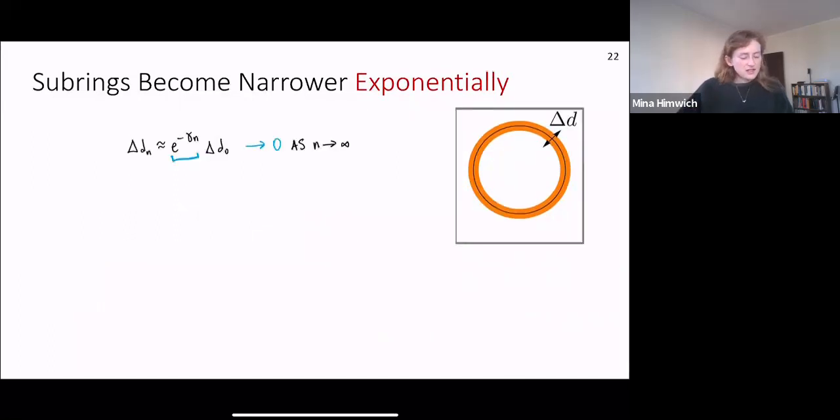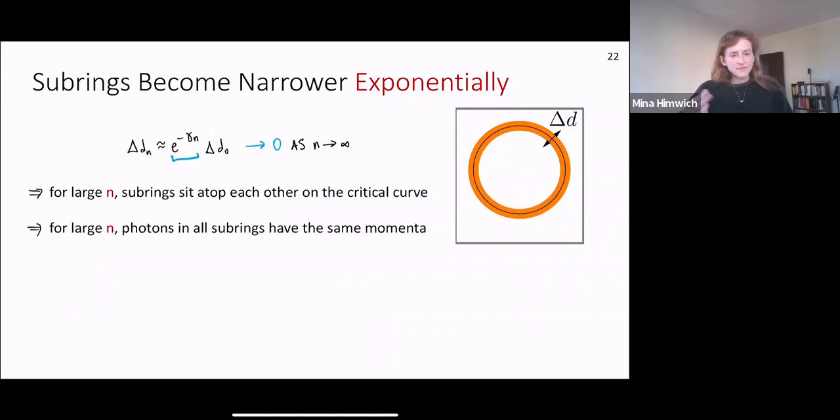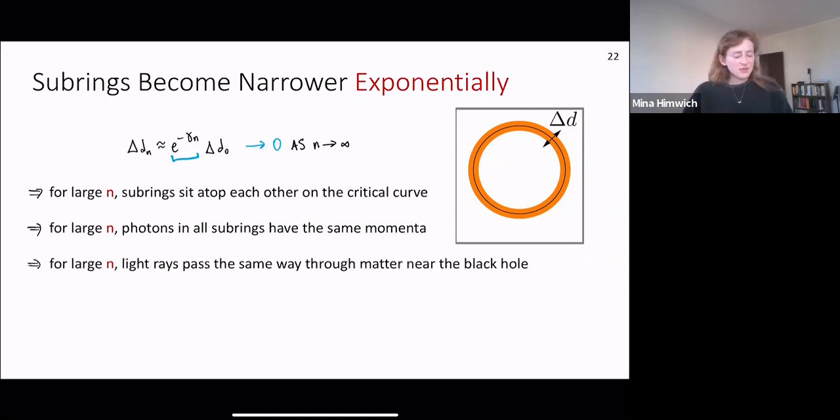And what it also means, the fact that the width of the subrings goes to 0, is that all the photons are arriving at the same position, essentially, for large n. They're all arriving at the critical curve. And so they're all arriving at us with the same momentum, which means that they pass the same way through the matter near the black hole, which means that they pick up the same contributions to their intensity as they pass through the matter.